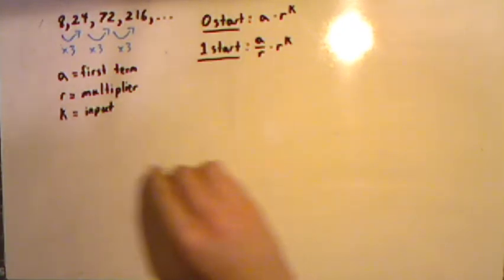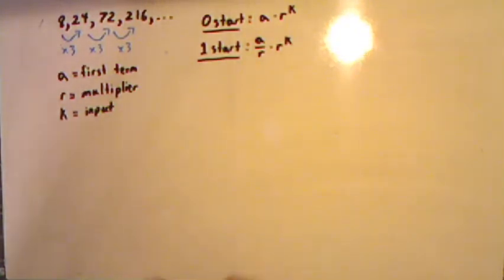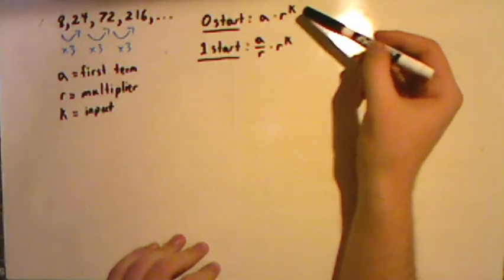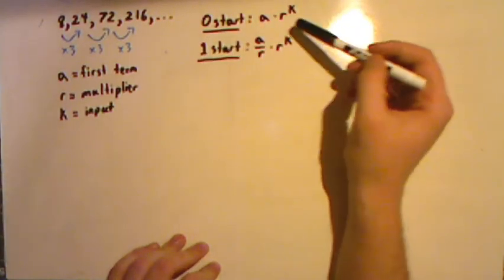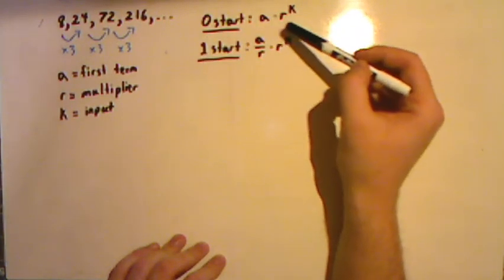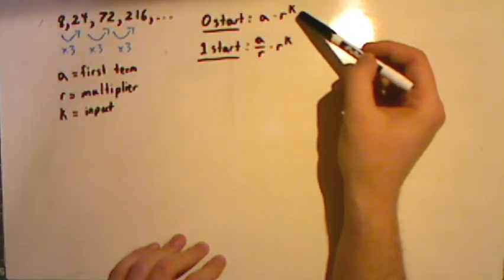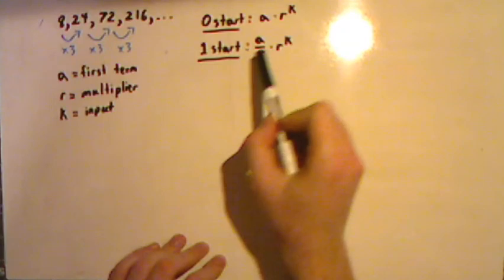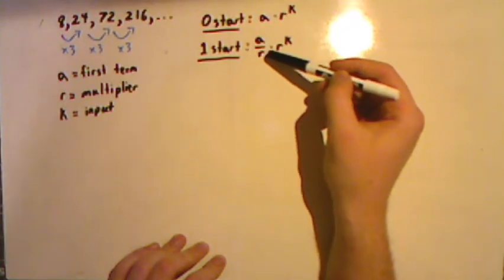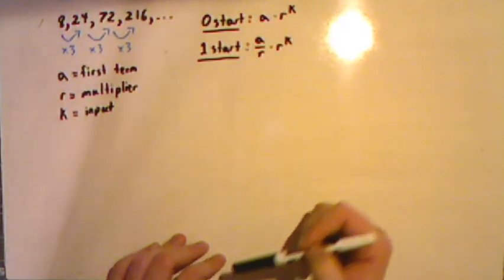So I'm just changing k as our input, and you could see over on the right here that if we're starting at 0, then we just have our first term multiplied by our multiplier and our input, and if we're starting at 1, we have it as a over r times r to the k power.